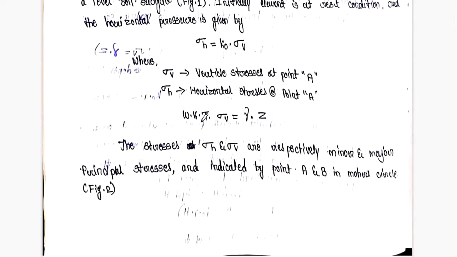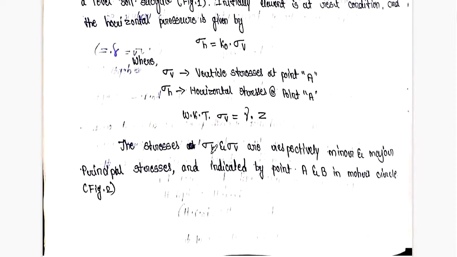We know that sigma v is equal to gamma into z. It is fixed, and I have explained it in the previous video lecture. Now the stresses sigma h and sigma v are respectively the minor and major principal stresses, indicated by points A and B on the Mohr circle.